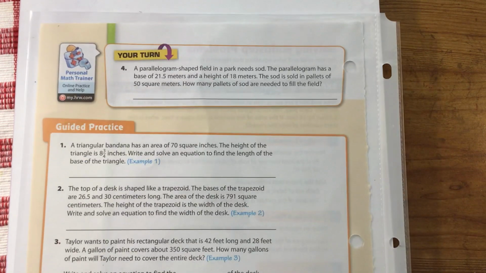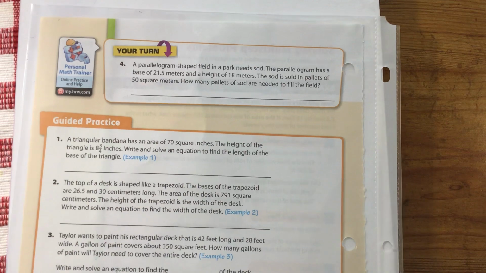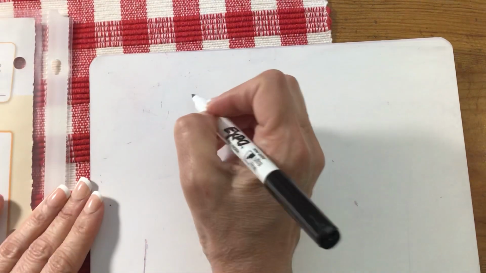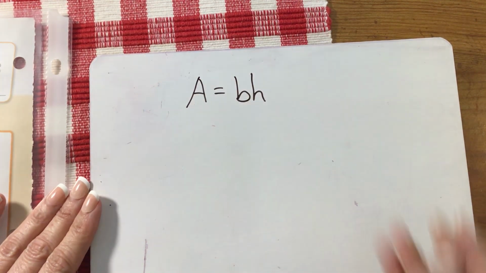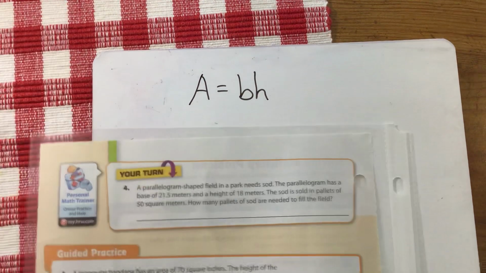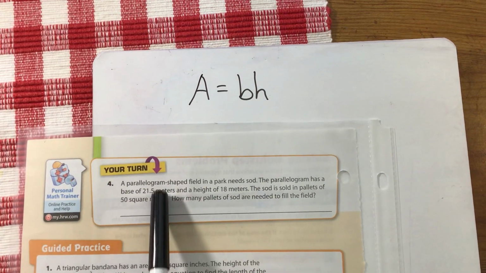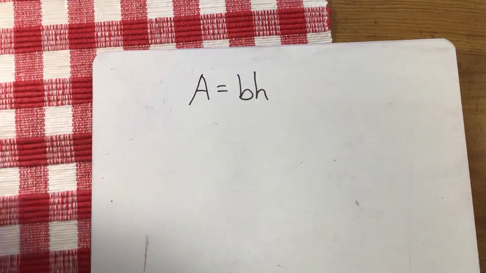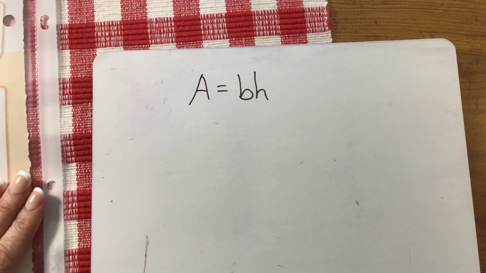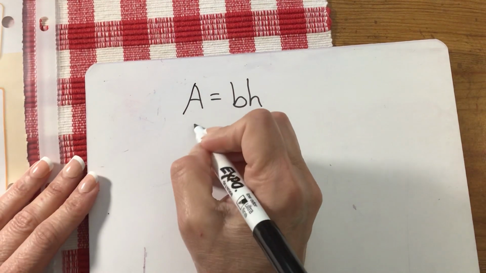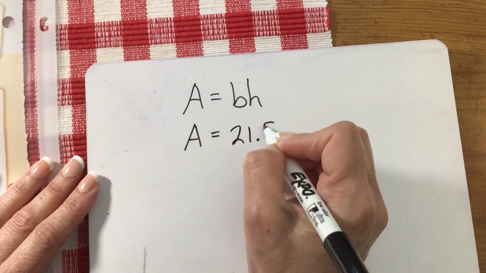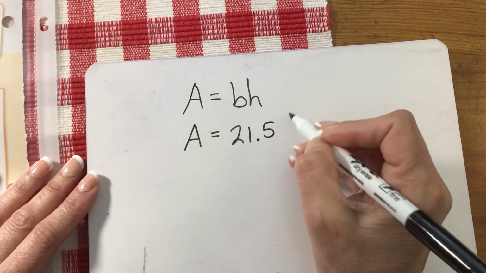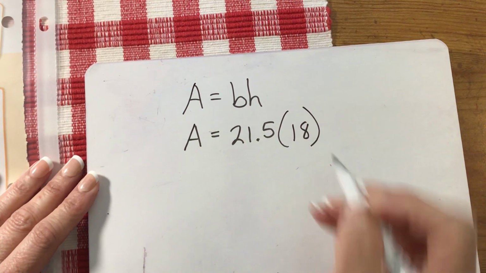Okay, so I need to use the formula for a parallelogram. And again, I'm going to do it on my whiteboard here. I always write my area so that I know what I'm doing. For a parallelogram, it's base times height, and I know it's a parallelogram because that's what they told me. I need to find out what the area is. Okay, so my area is going to be 21.5 times 18.